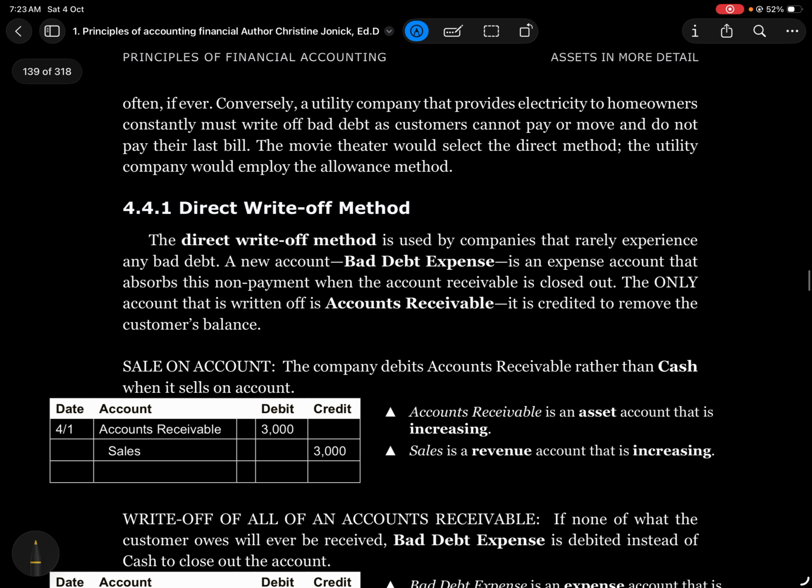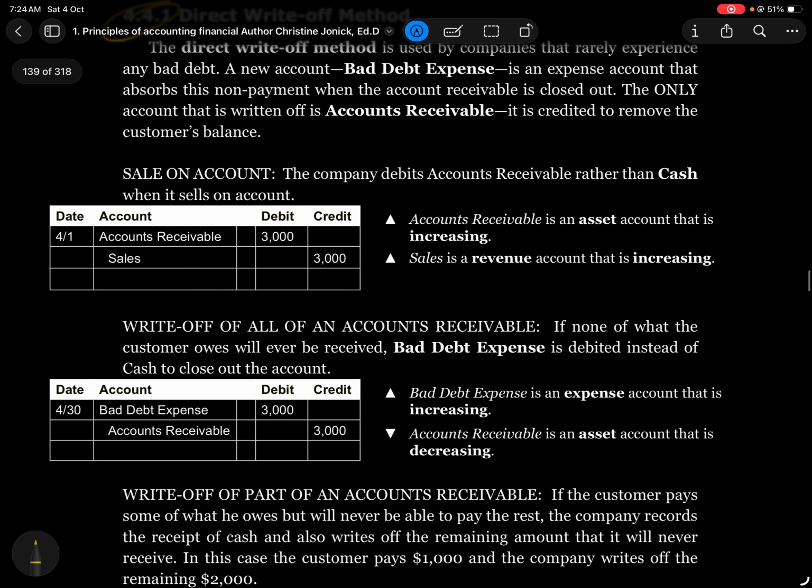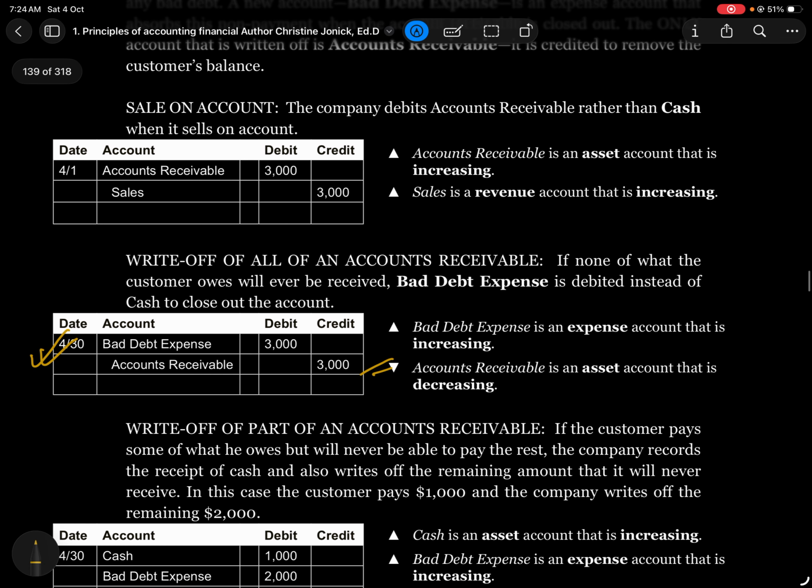On a direct write-off method, as the name suggests, whenever we have to write off anything, we debit bad debt expense and credit accounts receivable. So we simply expense it out, move it to expense.